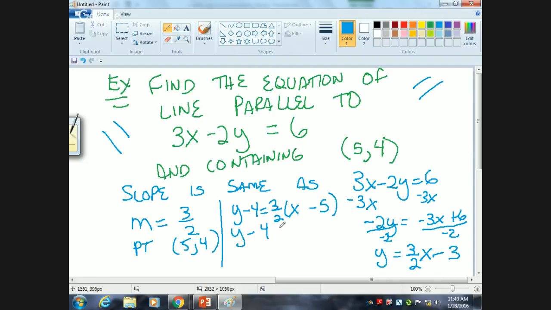Y minus 4 equals 3/2 times x minus 5, assuming we want to go to slope-intercept form, which I've said for today's discussion, all these things go to slope-intercept form. I'm going to add 4 to both sides. And then I get y completely by its lonesome. Y equals 3/2 x minus 1. This is the equation of a line parallel to this, having the same slope as this, and containing 5, 4.